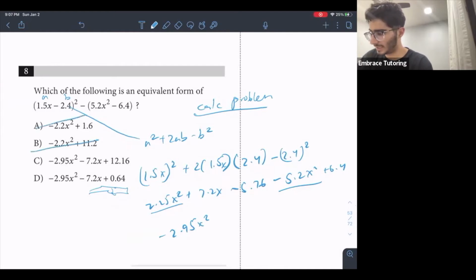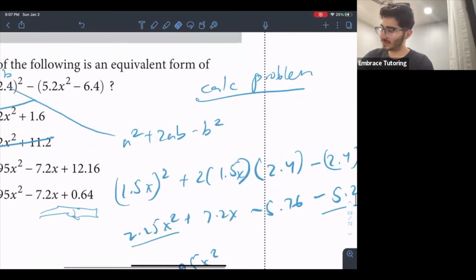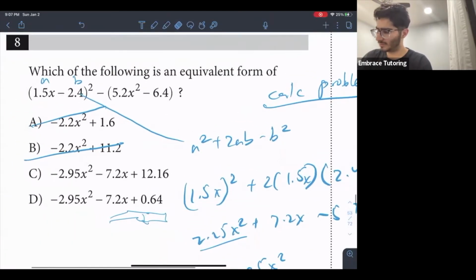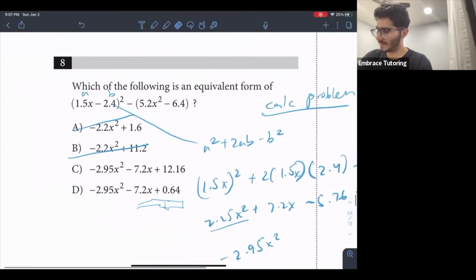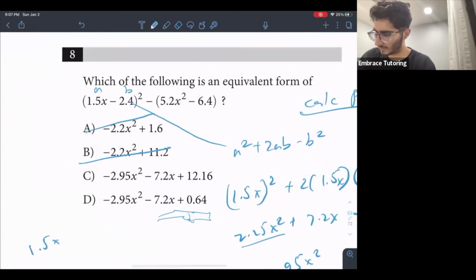So yeah, you can eliminate a and b, and then let's see. Oh, I think I mixed it up. I think so, yeah. Because if you do 1.5x, let's try small numbers.